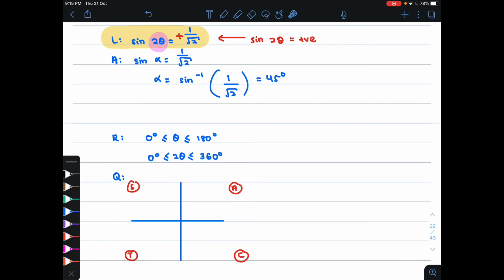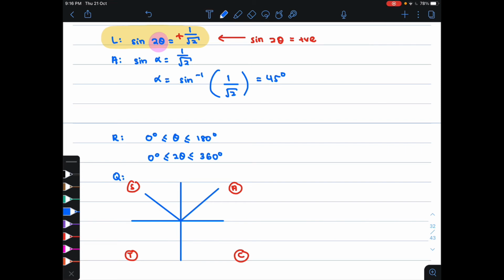And hence it should be in quadrant 1 and quadrant 2. Because in quadrant 1, all trigos are positive. And for quadrant 2, we know that sine is positive. But for quadrant 3 and quadrant 4, only tan and cos are positive. So we're not gonna consider quadrant 3 and 4.